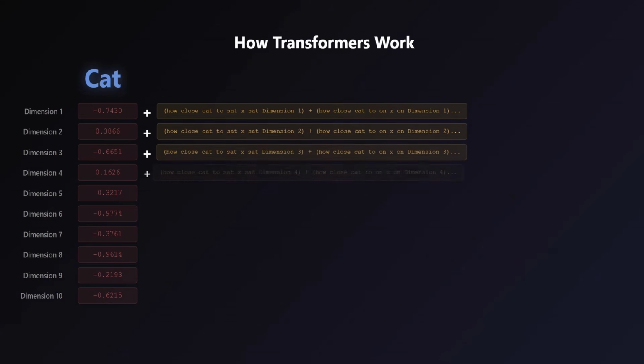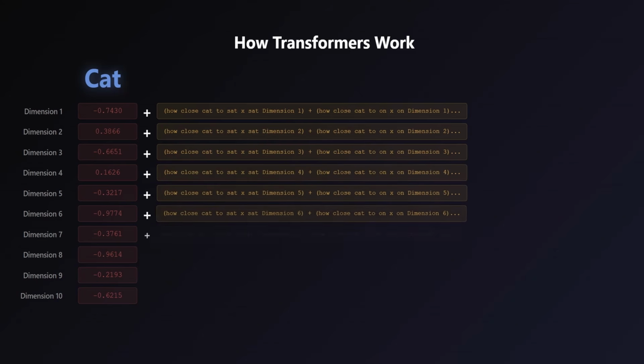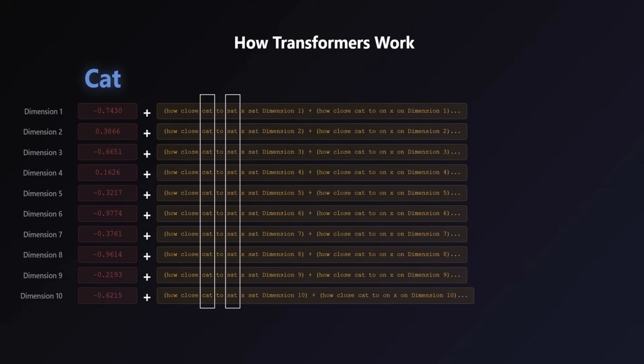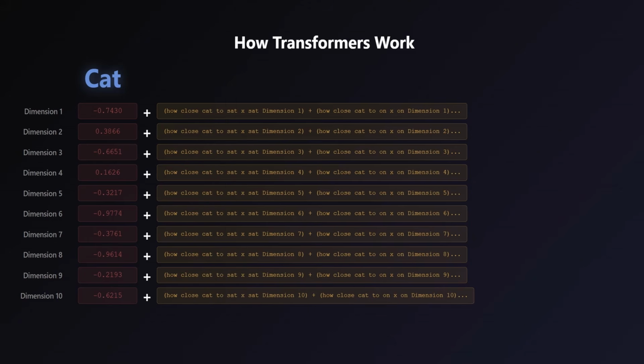Each contribution is weighted by how closely that word relates to cat. For example, the model checks how related cat is to sat and adds a fraction of sat's value. It then does the same with mat and every other word in the sentence. Each word adds something, and the amount it adds depends on how strongly it connects to cat. Remember, attention does this in every dimension separately.